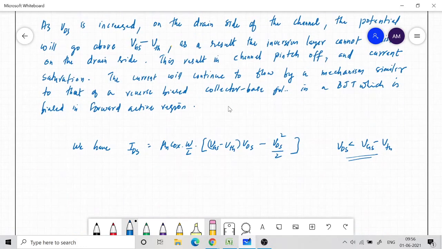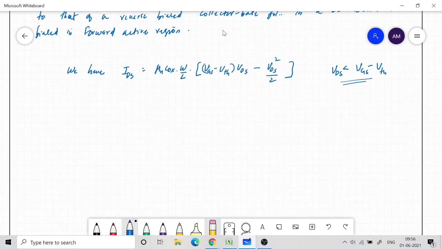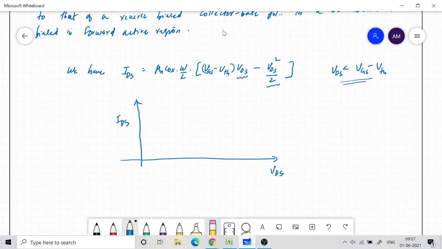Now, as I said, if we try to plot this, that is what we were trying to do at the last part of the class. If we plot this equation, this is VDS and this is my IDS. For very small values of VDS, we can neglect the VDS square term.